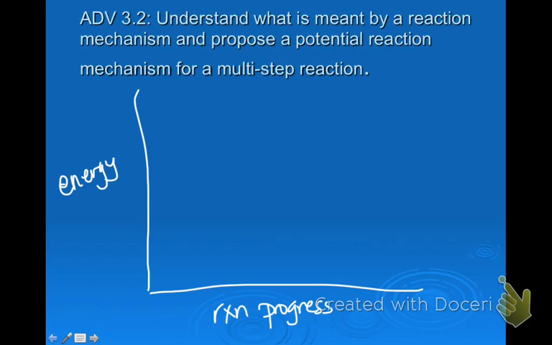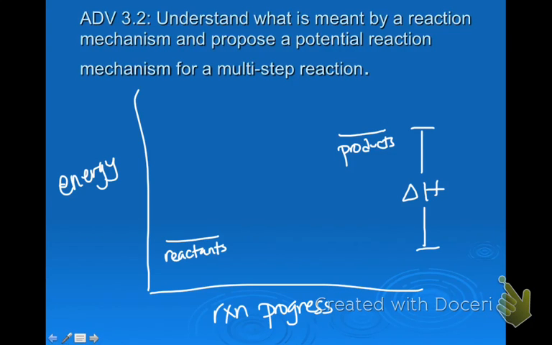That was an endothermic reaction. So if we have reactants down here and products up here, because it's endothermic, then we're going to go up. Delta H is going to be the distance from our reactants to products. So delta H is the distance in energy between reactants and products.